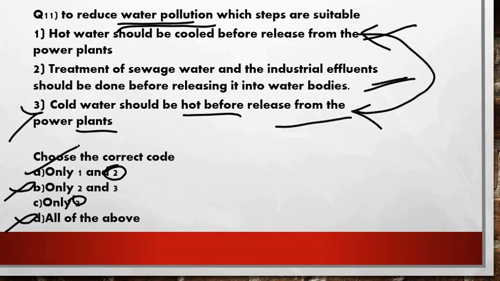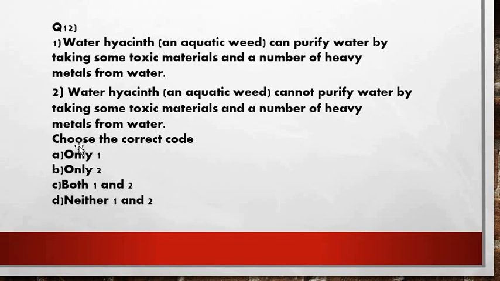Next we see the 12th question, that is water hyacinth. This question has come in your UPSC prelims in previous years, approximately 2017, I don't remember the exact year, but it is a previous year question. Water hyacinth, an aquatic weed, can purify water by taking up some toxic materials and a number of heavy metals from water.